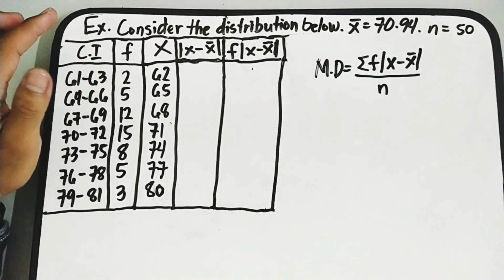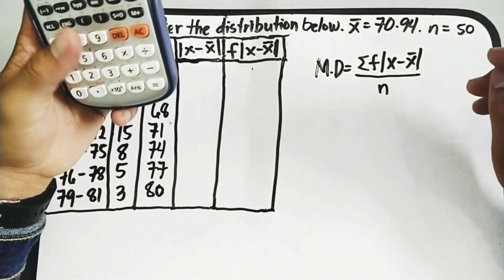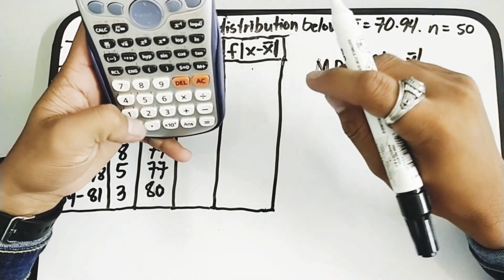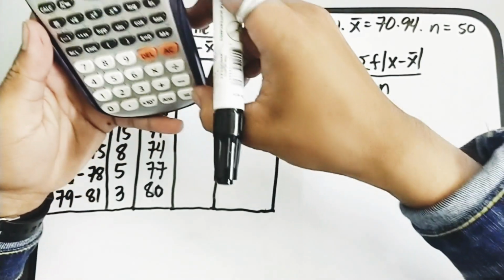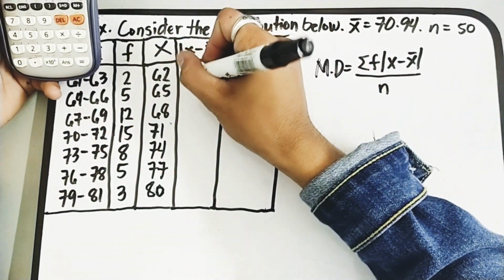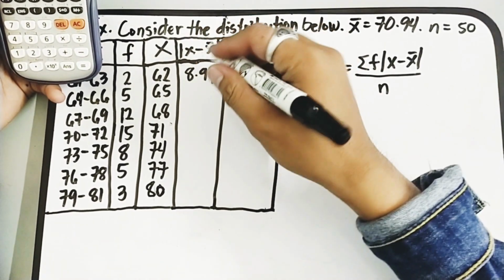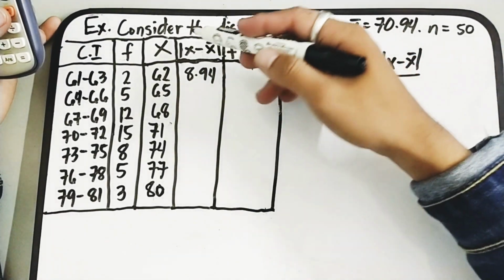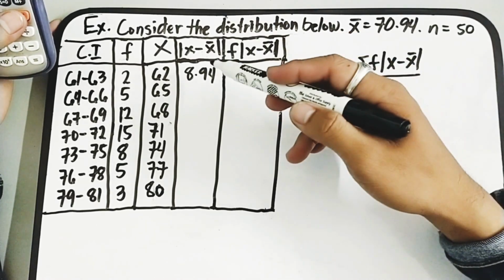If 62, we have 62 minus 70.94, the answer is negative 8.94. But, sabi nga natin, absolute value yung kailangan natin. That's why naging 8.94, at naging positive siya.